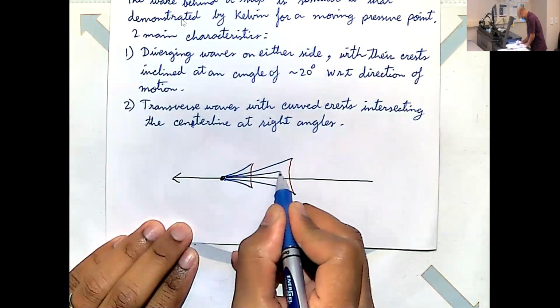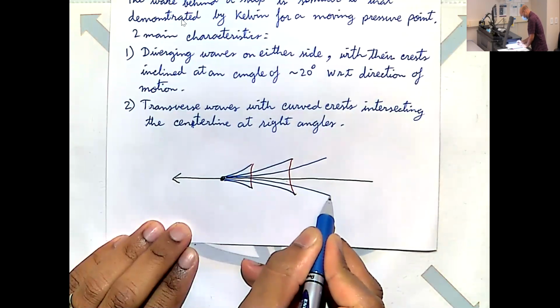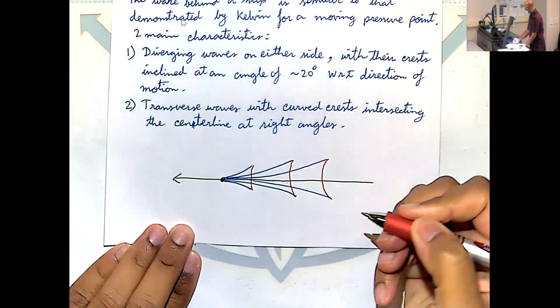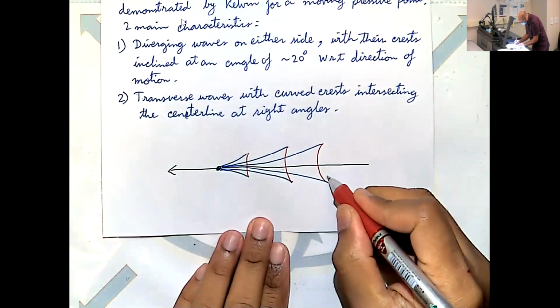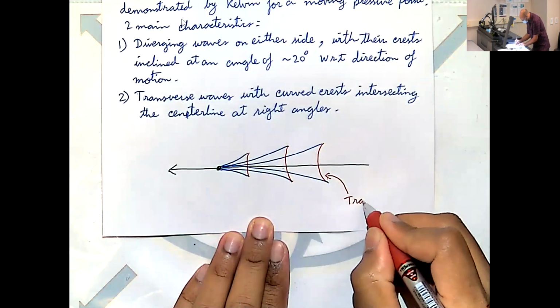All right. Yeah. So you get these multiple waves as the boat or any vessel moves through. So these, the red ones, are transverse waves.